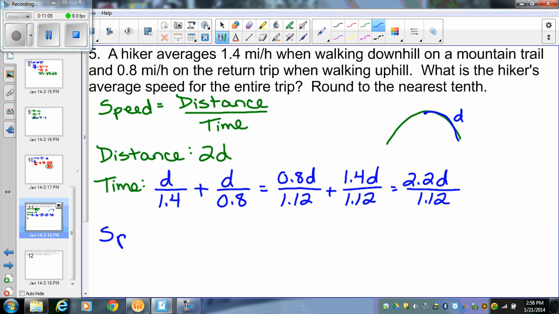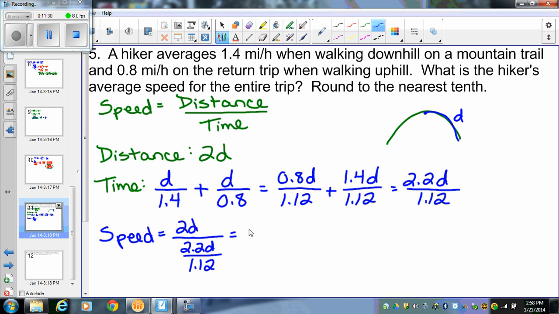The reason I wanted to combine that all into one fraction is that now, when I calculate my speed, my total distance is 2d, and my time is 2.2d divided by 1.12. So I don't have fractions to add in the denominator; I've already taken care of that part.